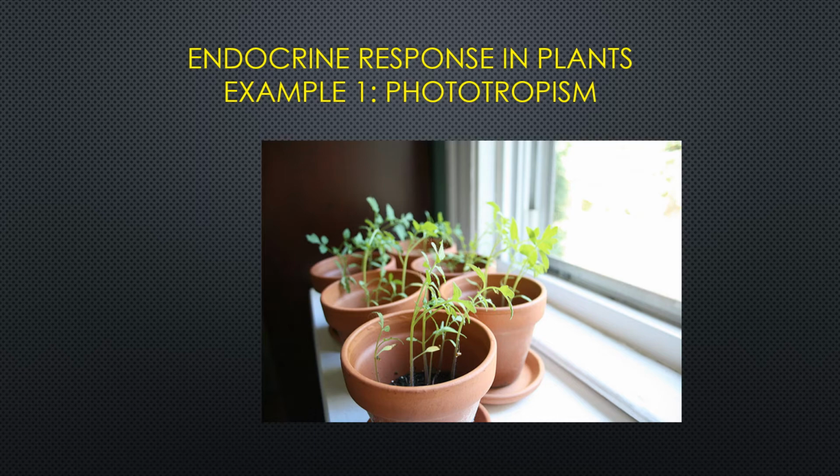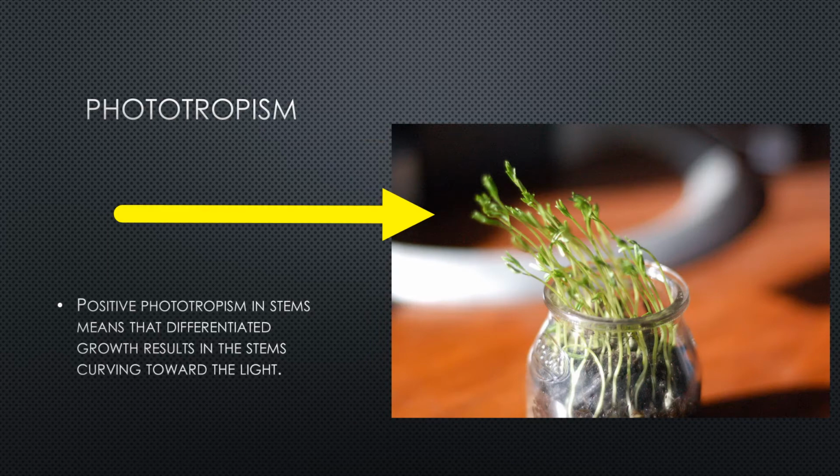That word tropism, in plants, means differentiated growth in response to a change in stimulus or a change in environment. So when we say phototropism, that means differentiated growth in response to a change in light. And so we're going to start out with that. Okay, so here we are, phototropism. You all have seen this before.